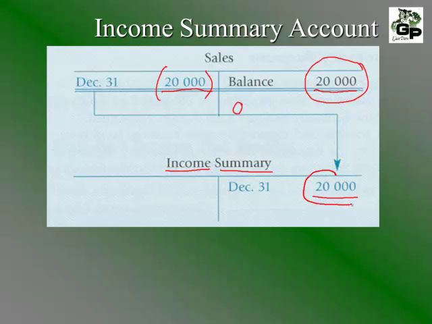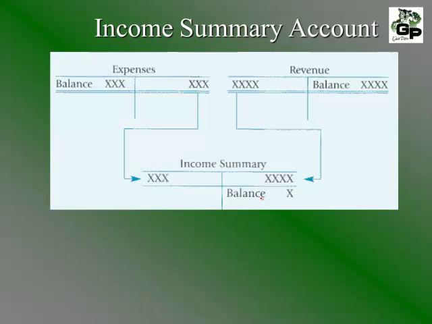We had a $20,000 credit. So all we've done is moved the $20,000 from the sales to the Income Summary. We've zeroed out the sales account and we've put it into this temporary Income Summary Account.